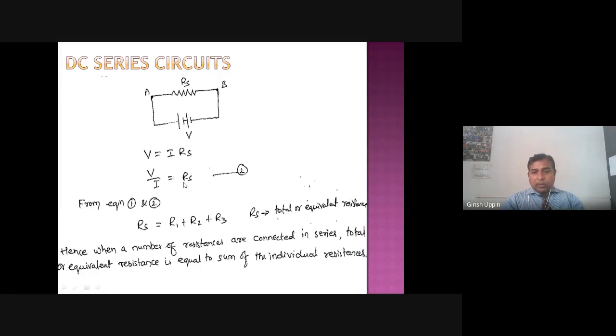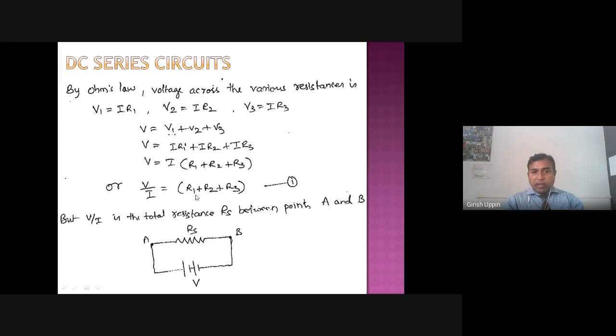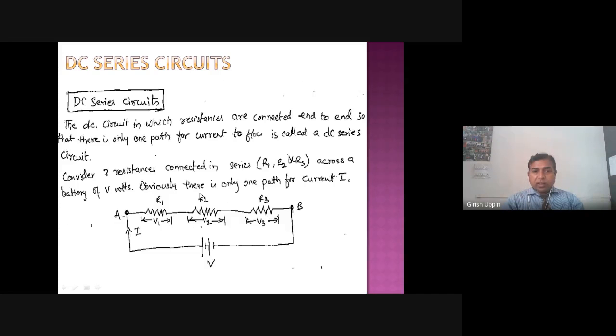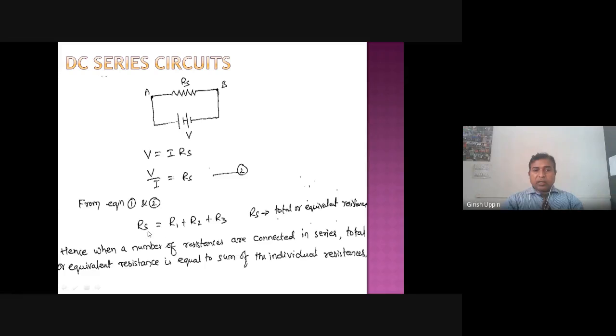Their left hand side is equal, V by I, so their right hand side can be compared, that is RS is equal to R1 plus R2 plus R3. So it is called the effective resistance or the equivalent resistance.